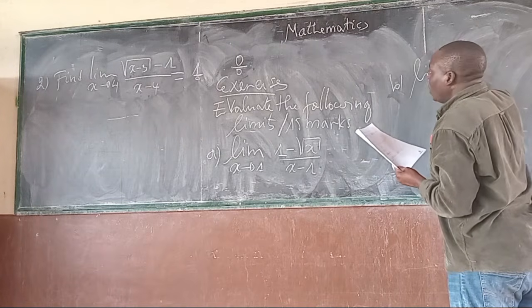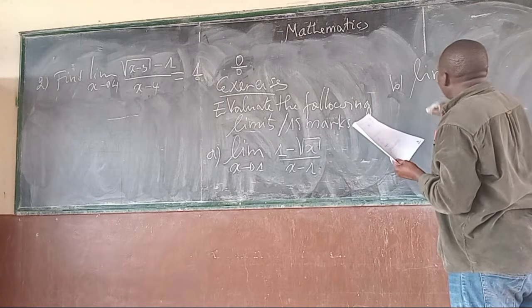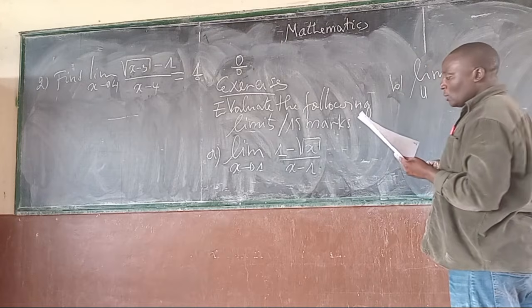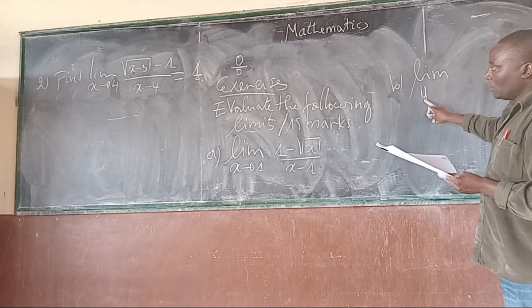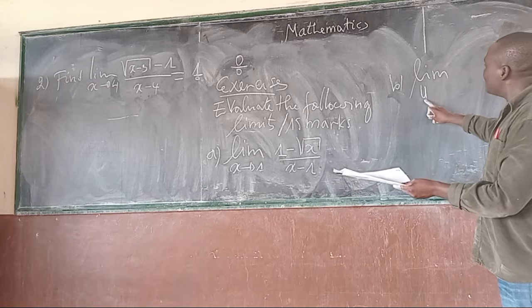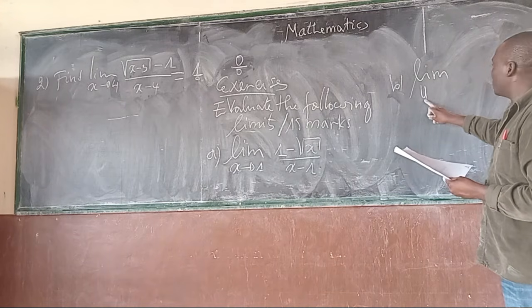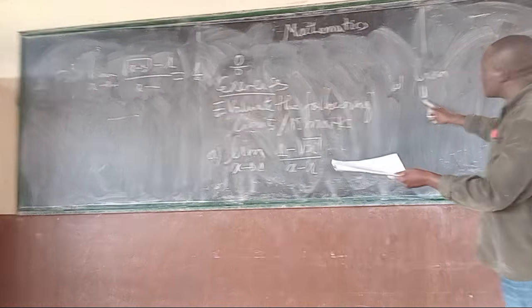Number B. Find the limit, or evaluate the limit. Here our given function is expressed in terms of u. Don't be familiar with x always, teachers. A variable x should change.